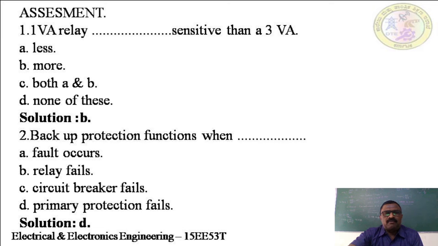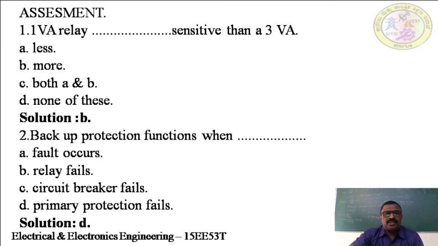The backup protection functions when dash. Options are A fault occurs, B relay fails, C circuit breaker fails, D primary protection fails. So we have got two types of protection. One is primary protection and the second is backup protection.